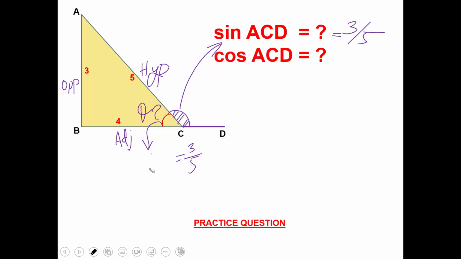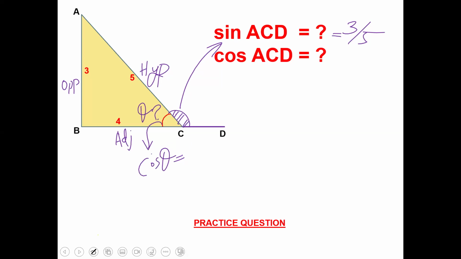What is the theta for the interior angle, cos ACB? So they're supplementary. Cos is adjacent upon hypotenuse. So what would be cos theta?